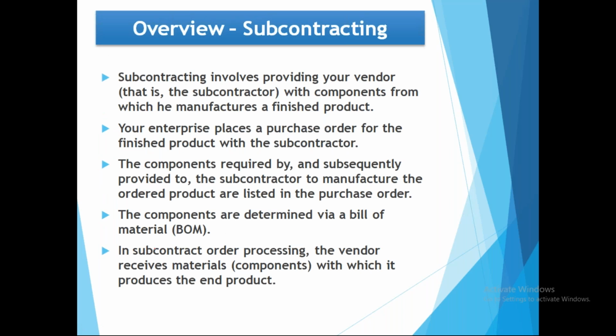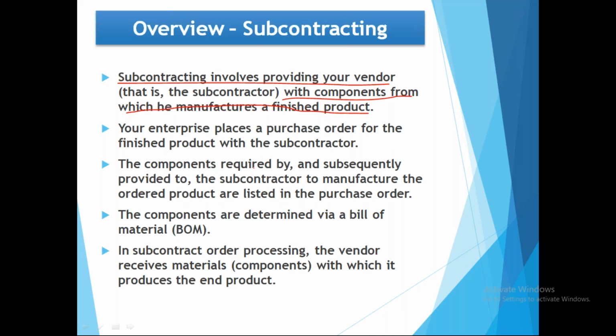Okay, so first we'll understand what is subcontracting. Subcontracting involves providing your vendor with components from which he manufactures a finished product. Sometimes, in your organization, due to various reasons, you will not be able to manufacture a product. So during that time, you will give the raw materials, components to the vendor.